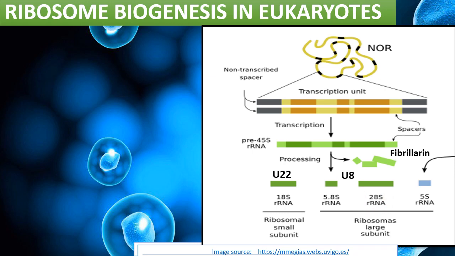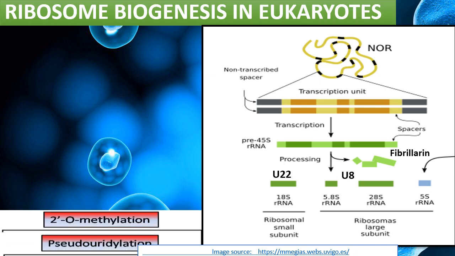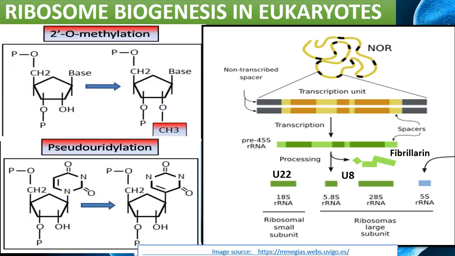Generally, in all the eukaryotes, the processing follows the same pattern, but there may be differences in the number and mode of cleavage. In addition to cleavage, the processing of pre-ribosomal RNA involves modification that results in the addition of methyl groups to specific bases and ribose residues, and it is known as methylation.